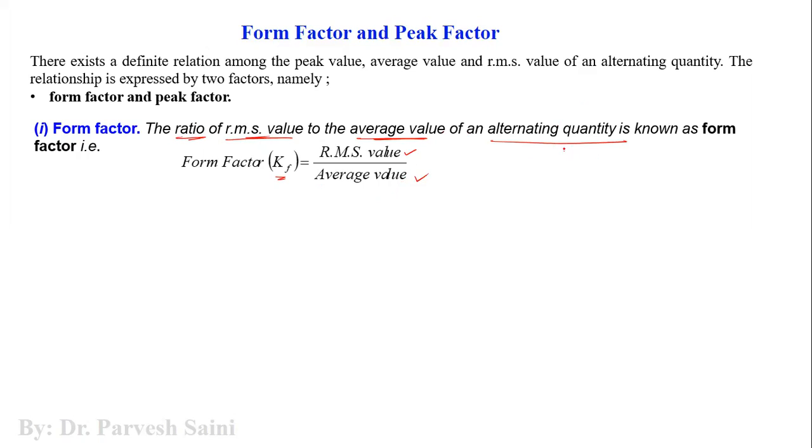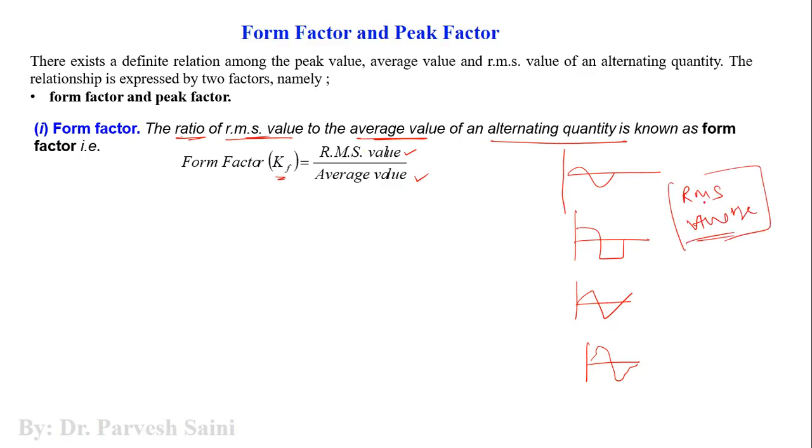That alternating quantity can be a sine wave, a square wave, a triangular wave, or any random alternating signal, right? So which possesses the RMS value and average value. If we know these two components associated with the signal, we can find out the form factor, right?